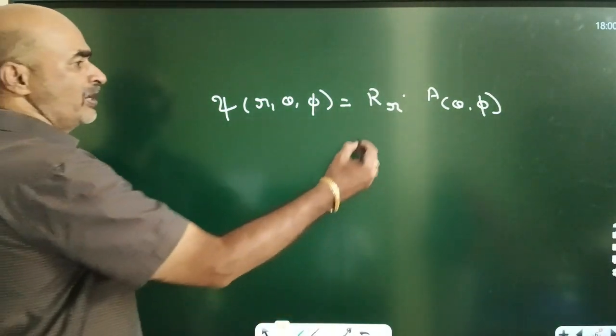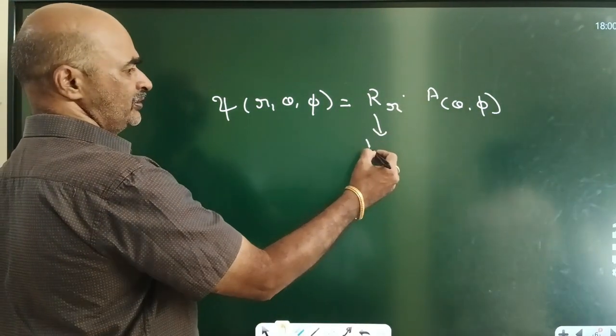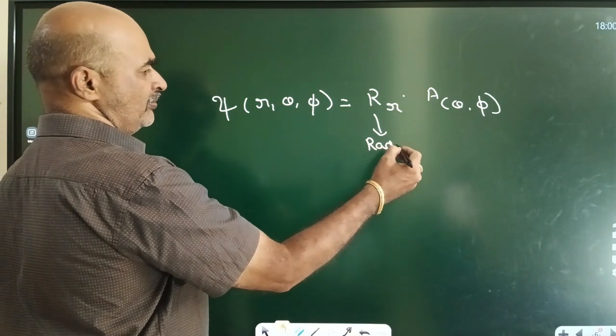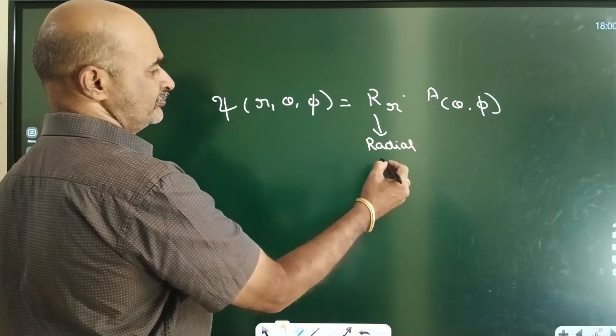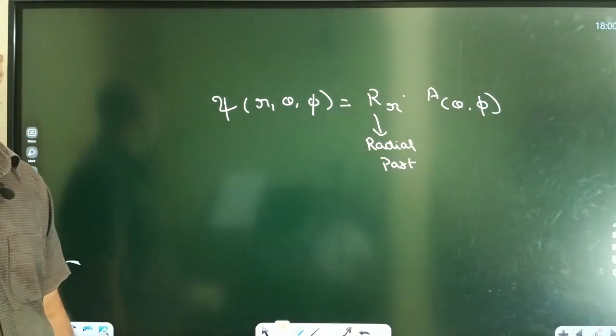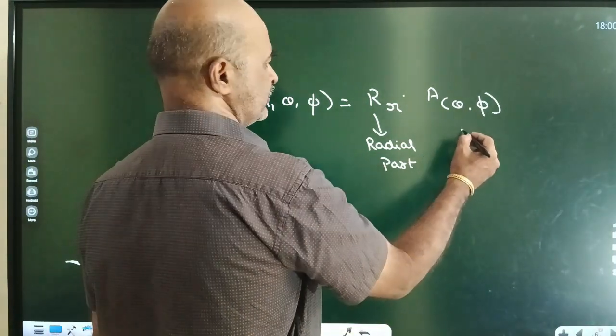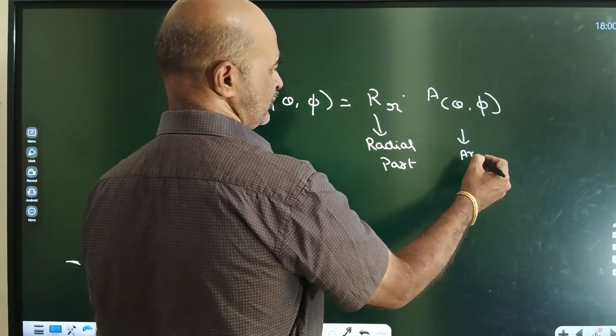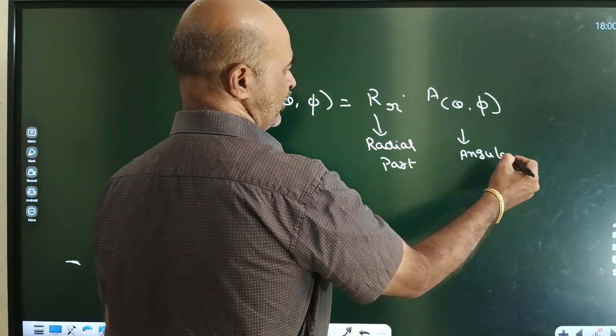This is the radial part. This is the angular part.